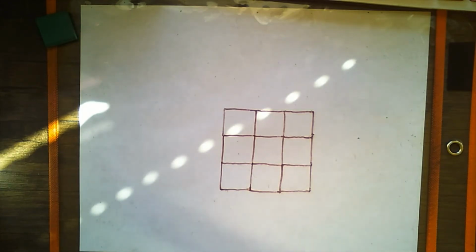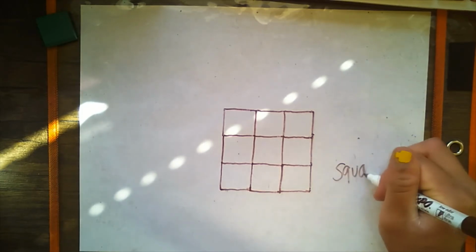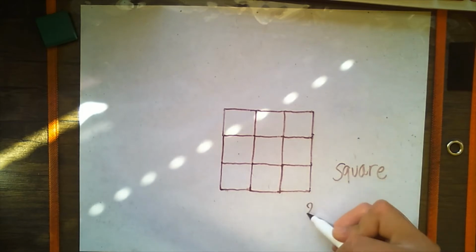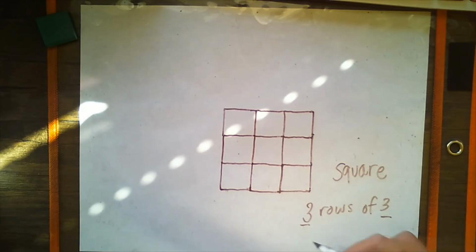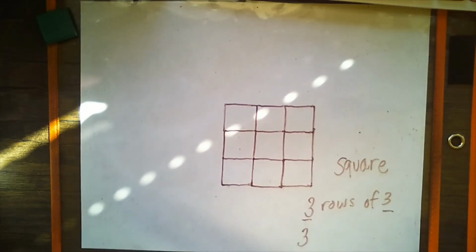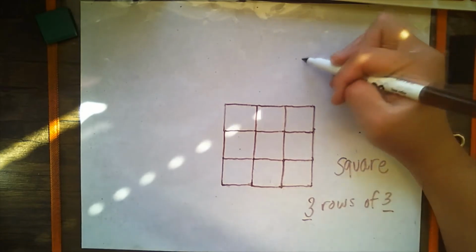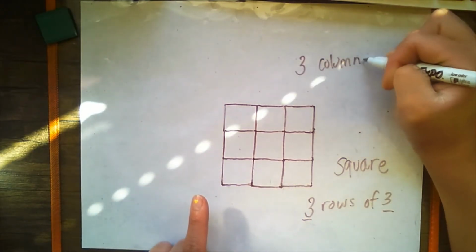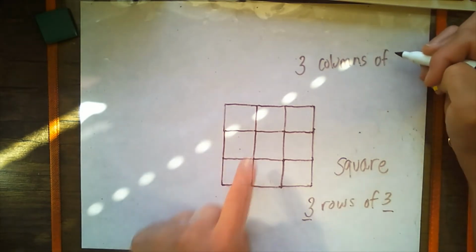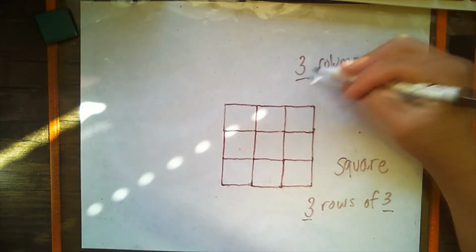What shape did we end up making? Yeah, we made a square, and we made 3 rows of 3, as well as 3 columns of 3.